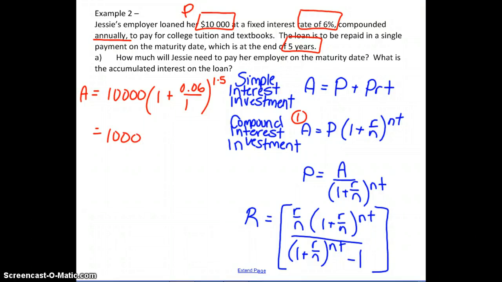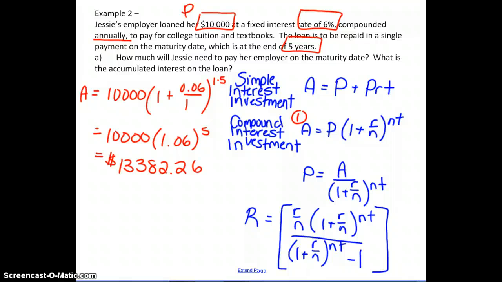So we get 10,000 times 1.06 to the power of 5, which should give you $13,382.26.